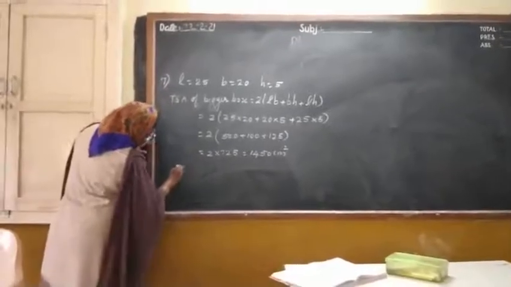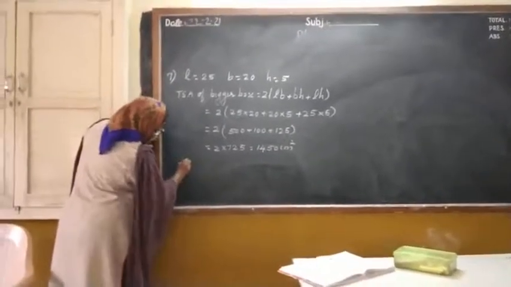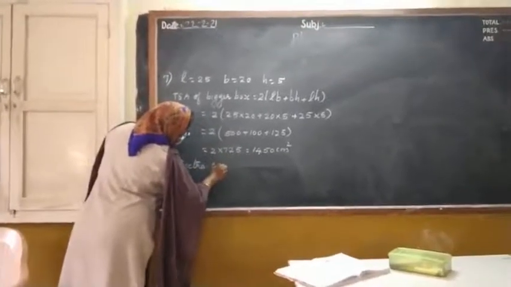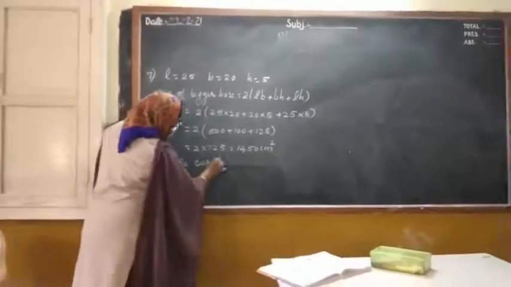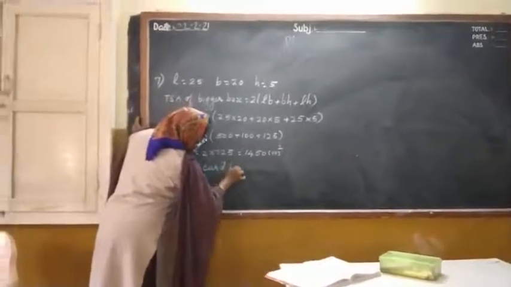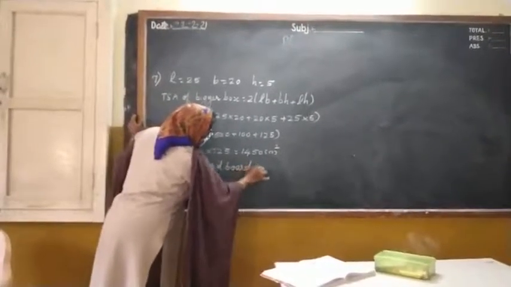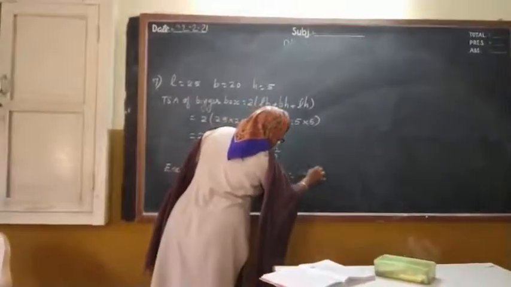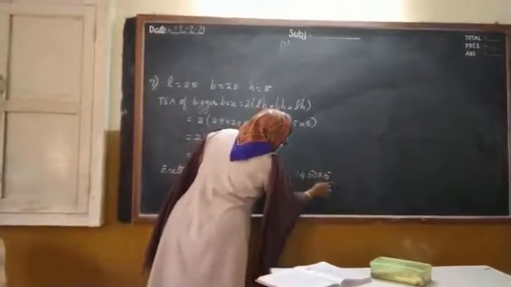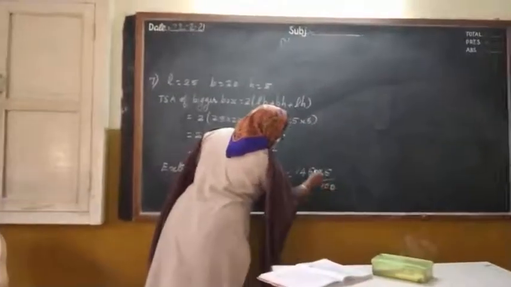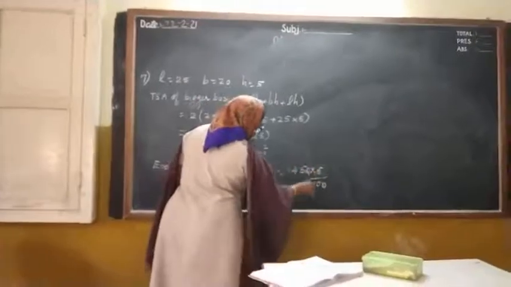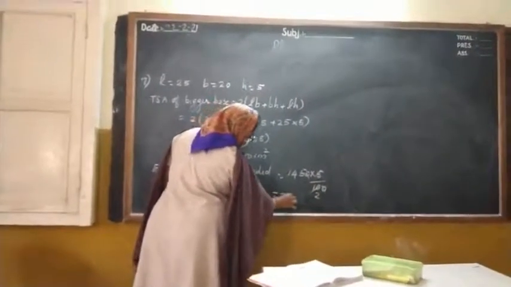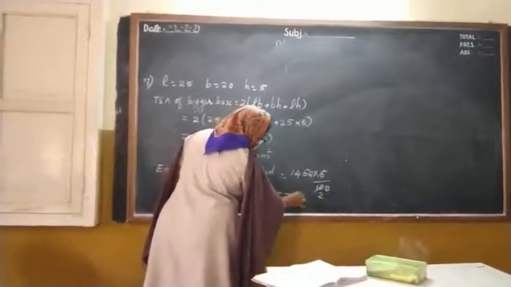So extra cardboard needed is equal to 5% of 1450, so it will be 72.5. 72.5.